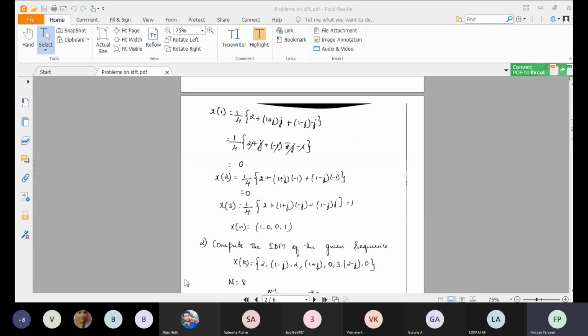Okay. Calculate what is w8 to the power of minus 0, w8 to the power of minus 1, w8 to the power of minus 2, minus 3, minus 4, minus 5, minus 6 and minus 7 and tell me the answers.